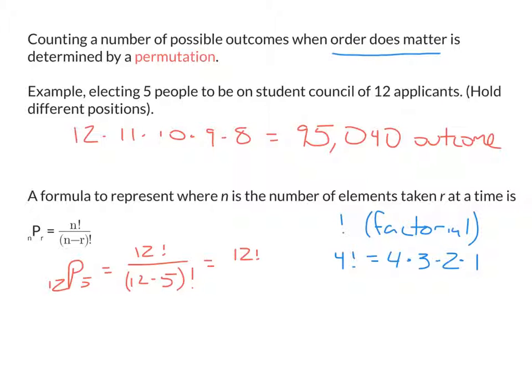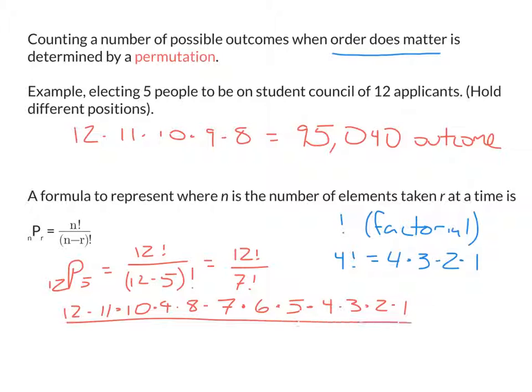These are all the numbers between 1 and 12 multiplied together, and the bottom is all the numbers between 1 and 7 multiplied together. So I could do 12, 11, 10, 9, I'm going to keep going here. These are all multiplication. That's the top, 12 through 1. And then the bottom, 7, 6, 5, and so on.